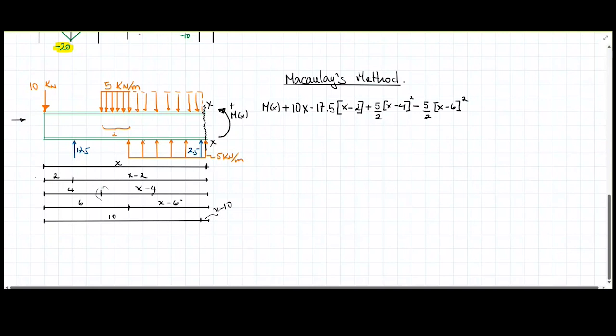And finally, I'm going to have this reaction force in E, 2.5 kilonewtons, which is going to be applied as negative also. I need to use Macaulay's bracket because this is going to start acting after 10 meters, in this last part of the beam here, and this is going to be x minus 10.